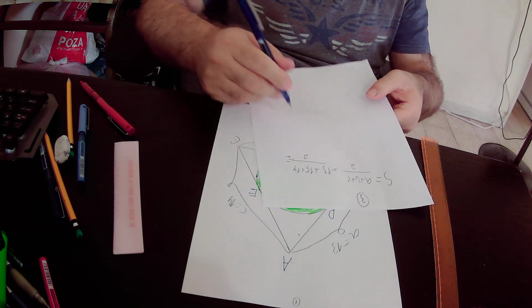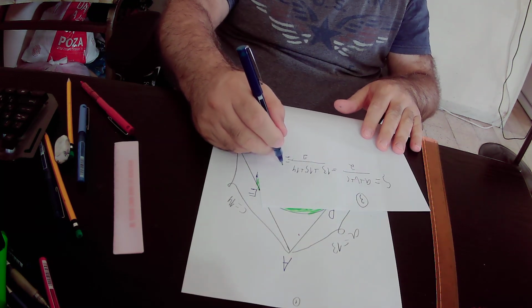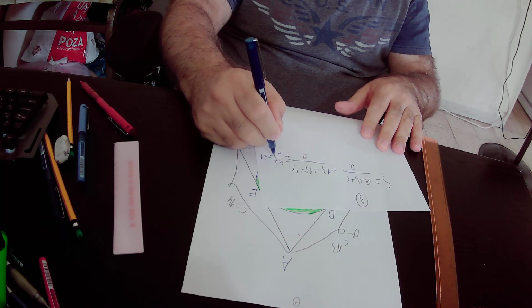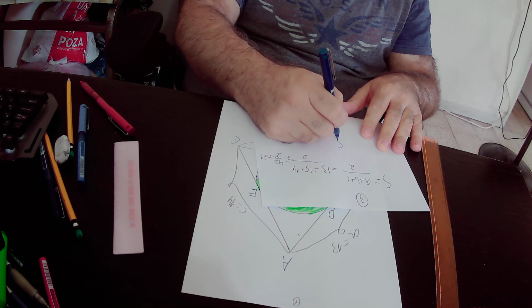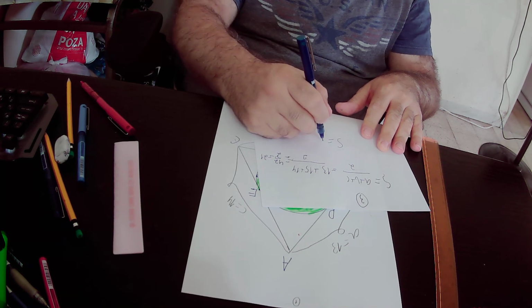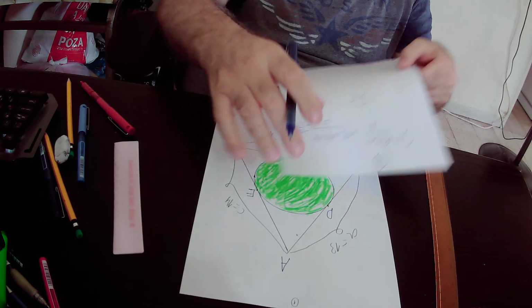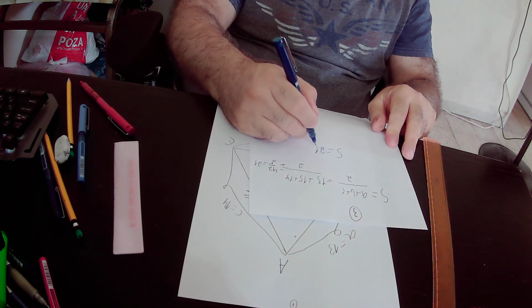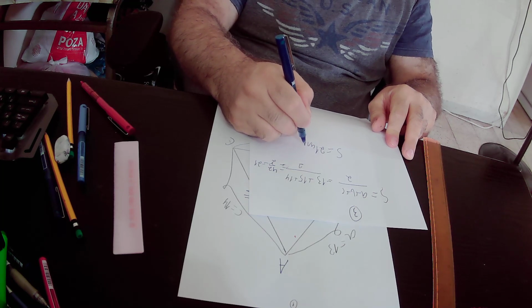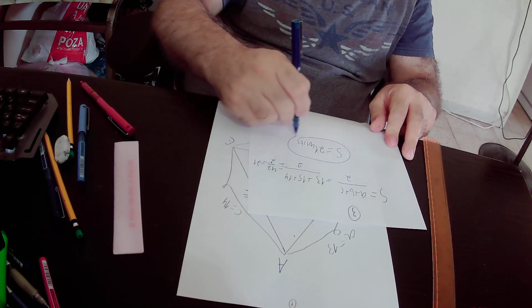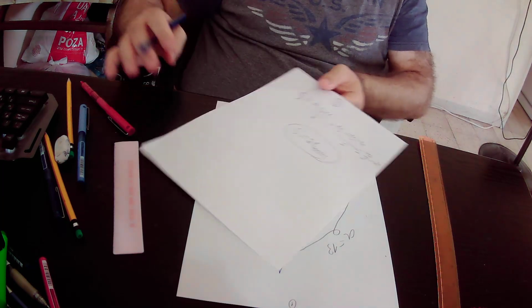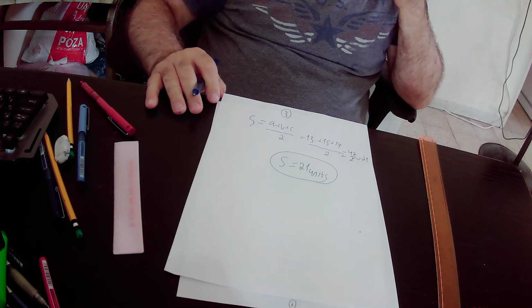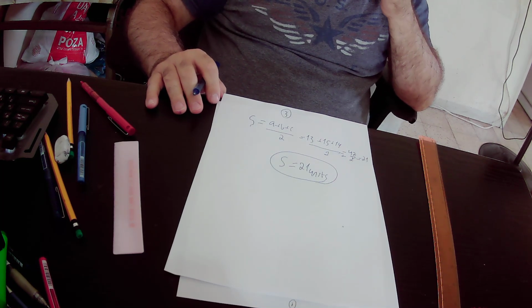So actually the semi-perimeter of our triangle ABC equals 21 units. Again, the semi-perimeter of our triangle ABC equals 21 units.